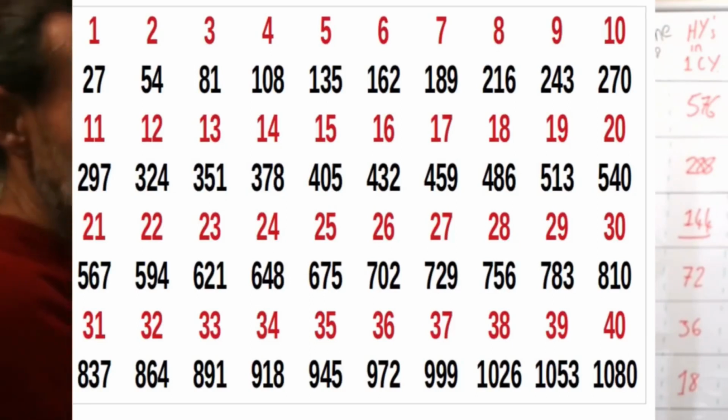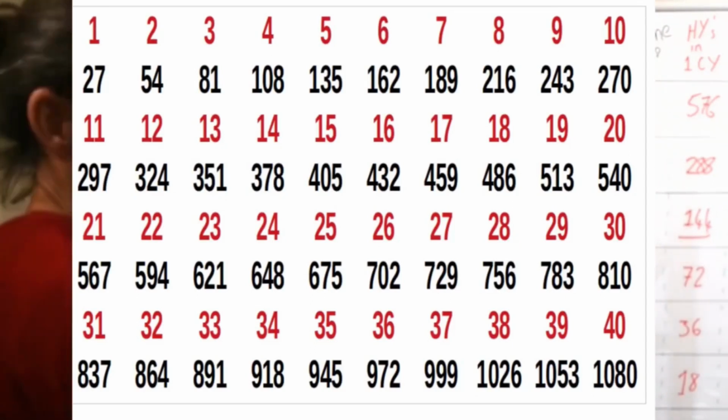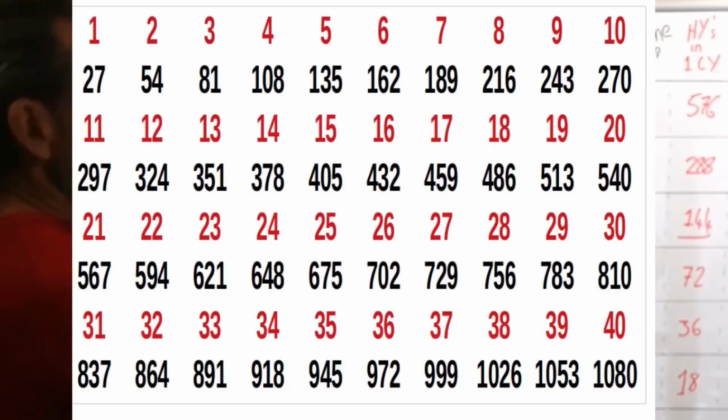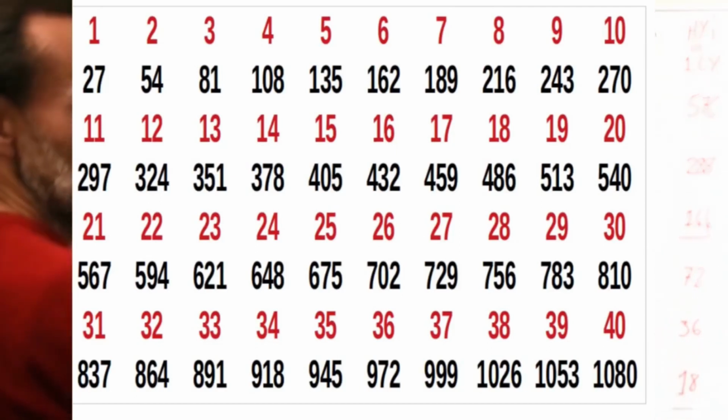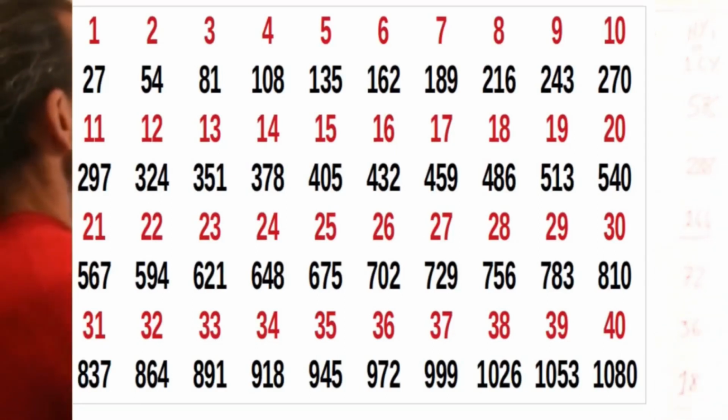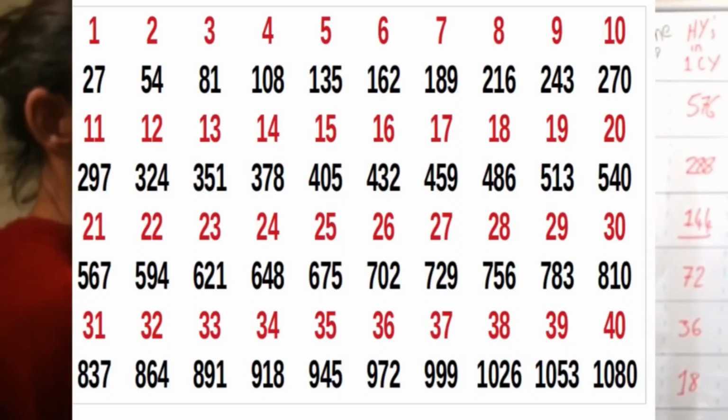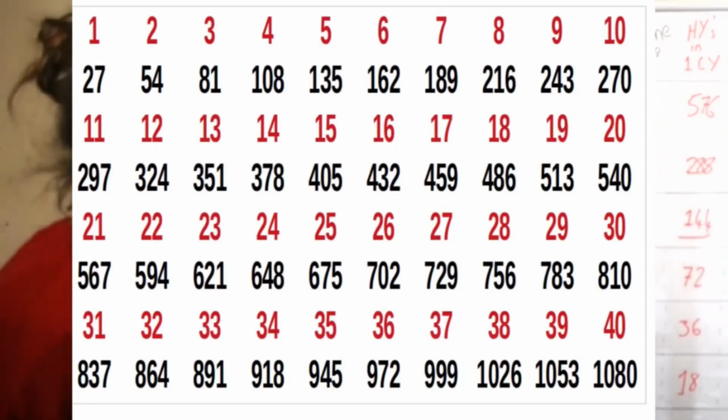Let's just take a handful of numbers. 14 times 27 is 378. 22 is 594. 33 times 27 is 891.